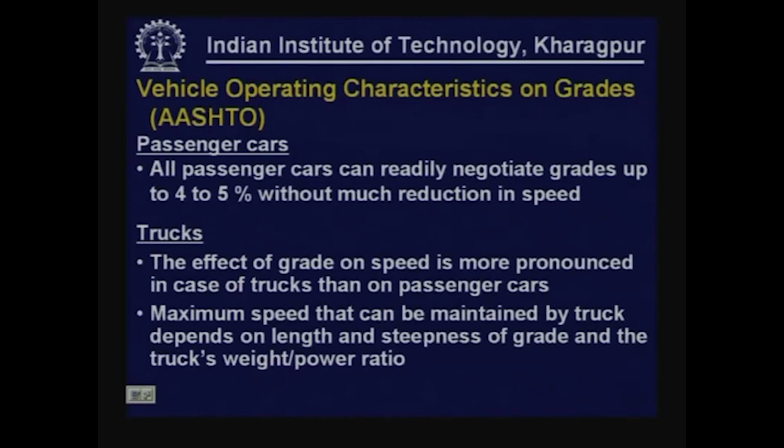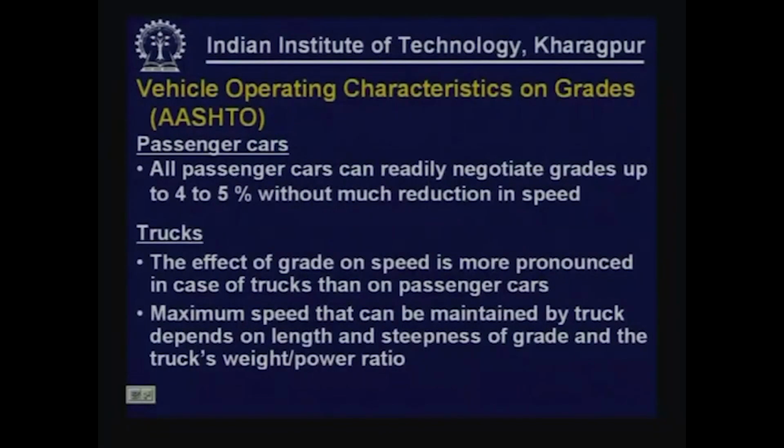That means, if the grade is up to 4 or 5%, it is generally acceptable to cars; they do not face much problem. Now, what happens if the design vehicle is a commercial vehicle or a truck instead of a car?